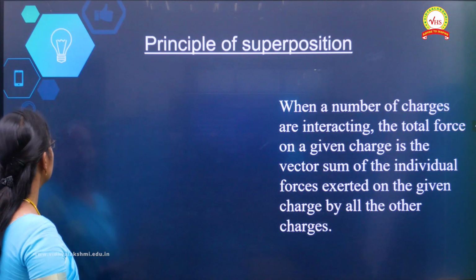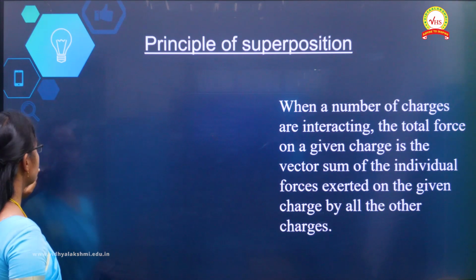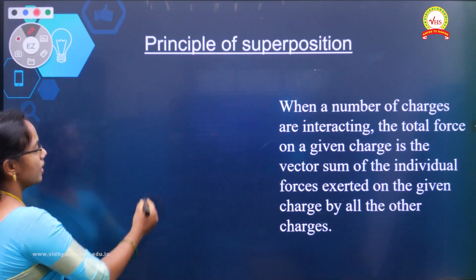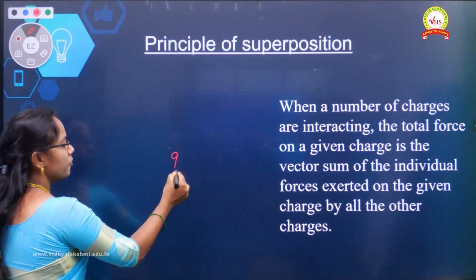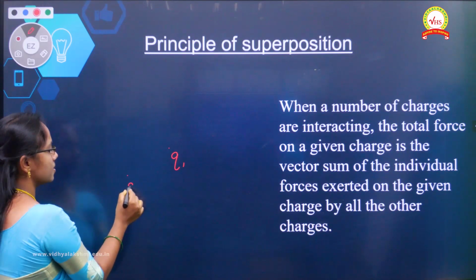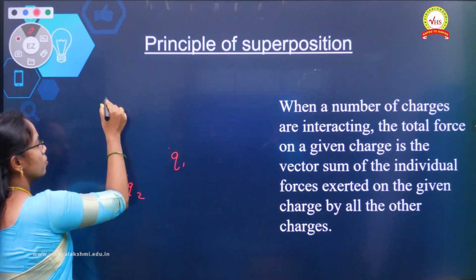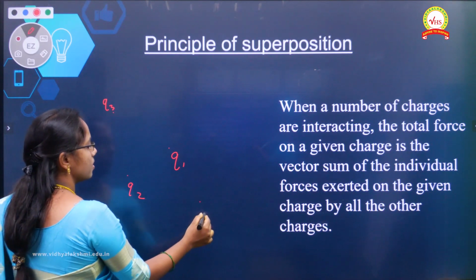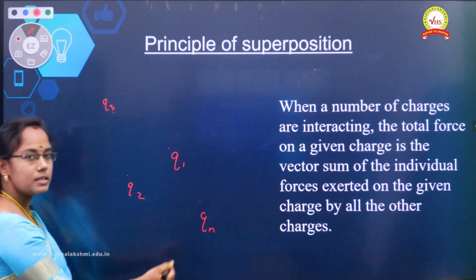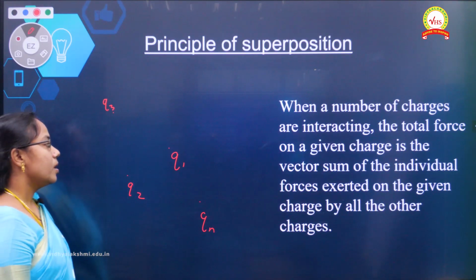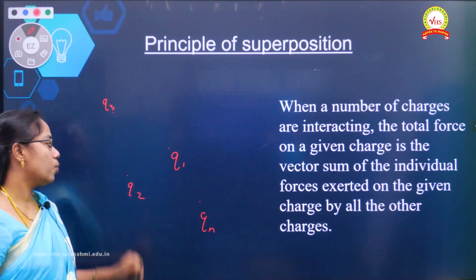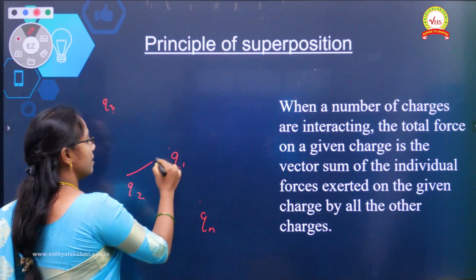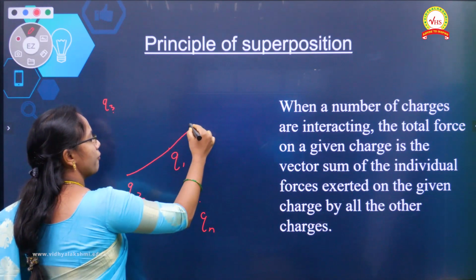Okay, for example, we consider charges. Let Q1 be the first charge, Q2 the second charge and Q3 the third one, and you have n number of charges, with Qn as the nth charge. Now what will be the force on Q1 due to Q2? I am marking it as F12.